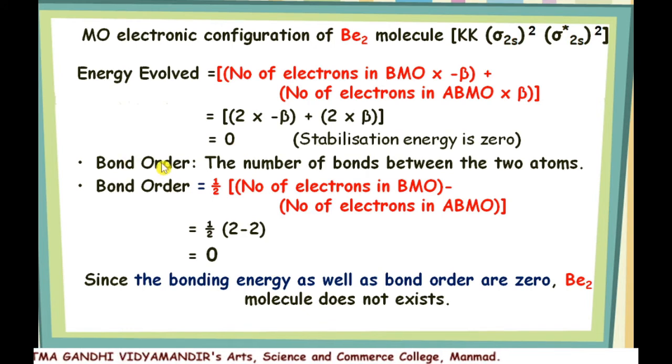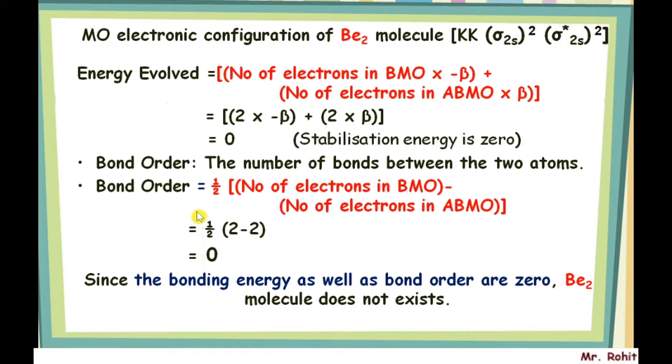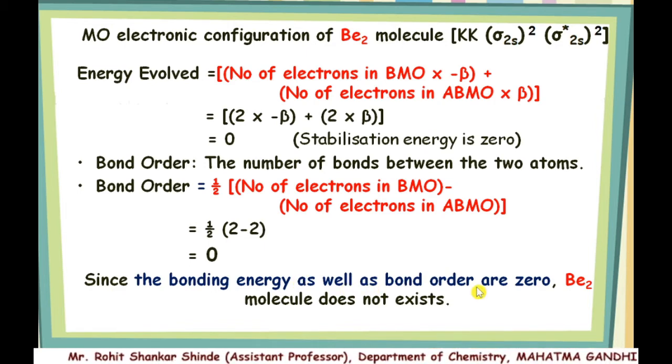Bond order is calculated using the formula 1/2 in bracket, number of electrons in BMO minus number of electrons in ABMO. Both possess 2 electrons, so 1/2 in bracket 2 minus 2 becomes 0. Since the bonding energy as well as the bond order are 0, the Be2 molecule does not exist.